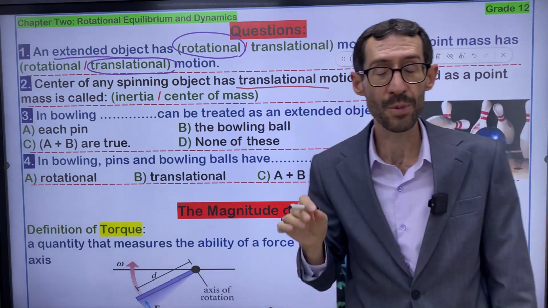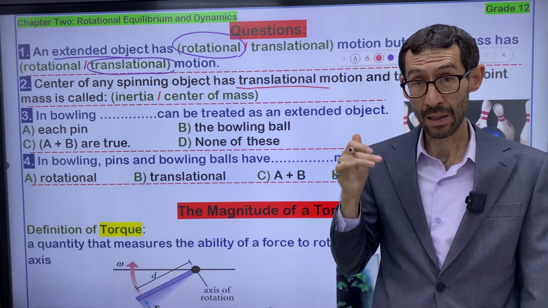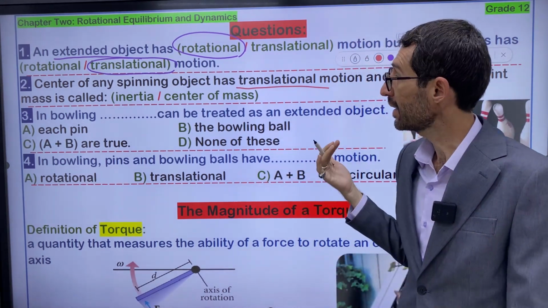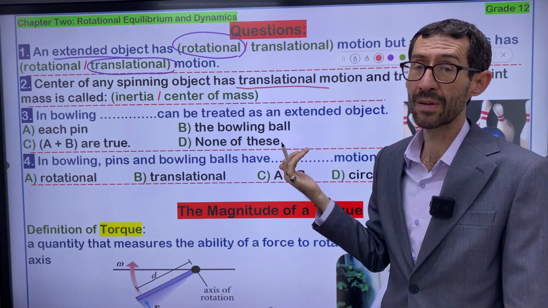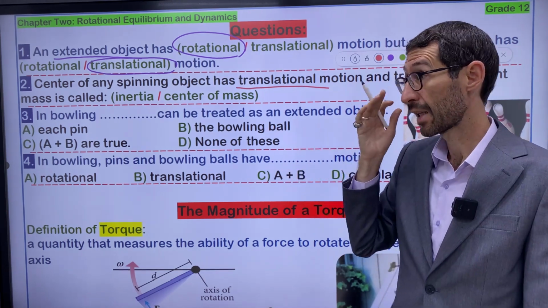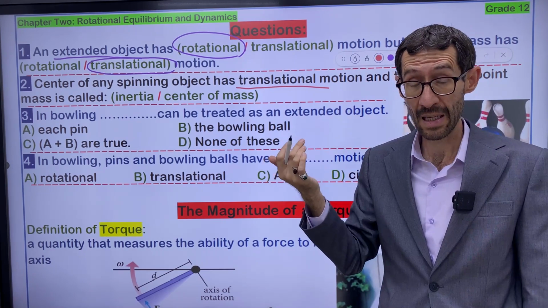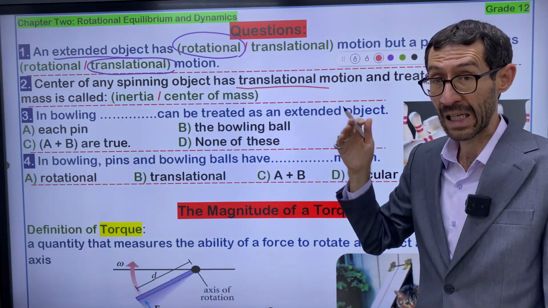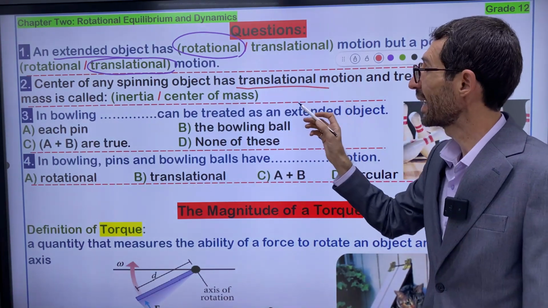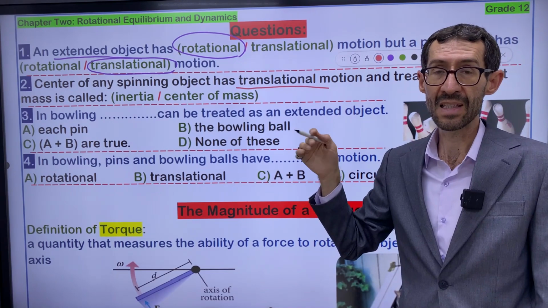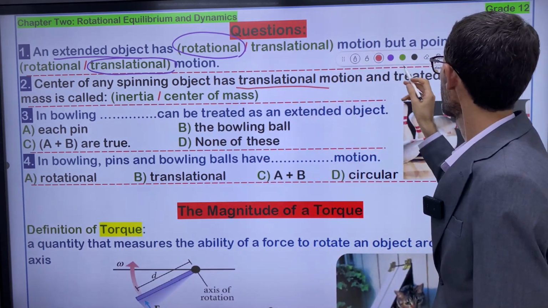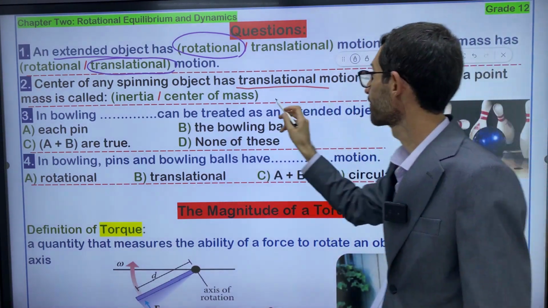This center, considered to be a point mass, is called inertia or center of mass? Of course, it's clear from its name, center of any spinning object means center of mass. That's why this option is true.